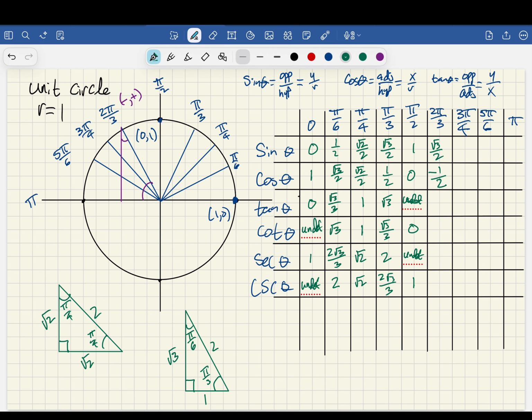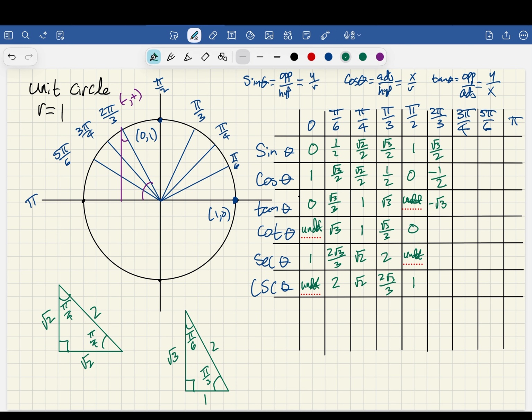The tangent function value for 2 pi over 3 will be negative square root of 3. Remember, the tangent is opposite over adjacent, so square root of 3 over 1, but in the second quadrant, x is negative, y is positive. So we have a ratio with one positive, one negative, so it ends up being negative.